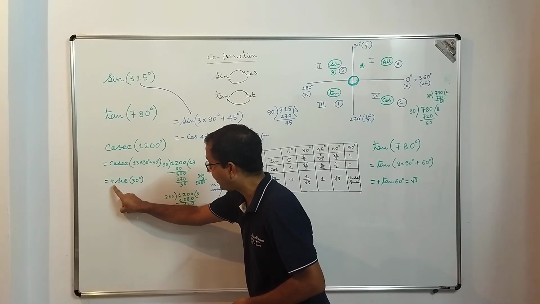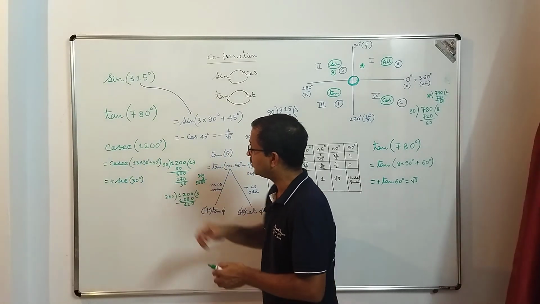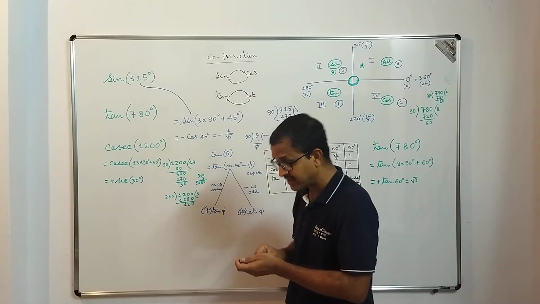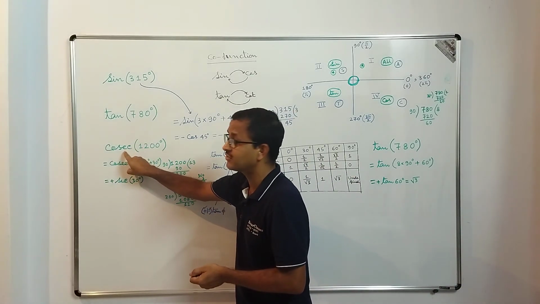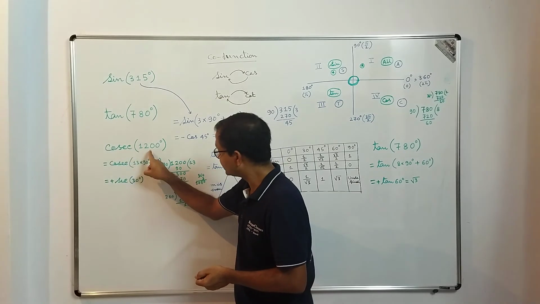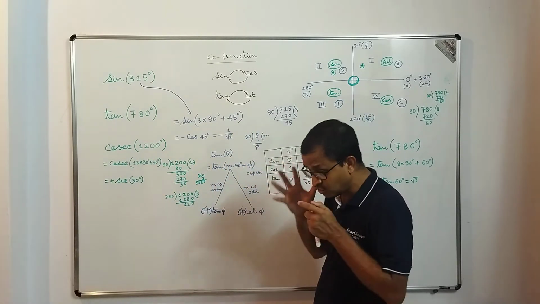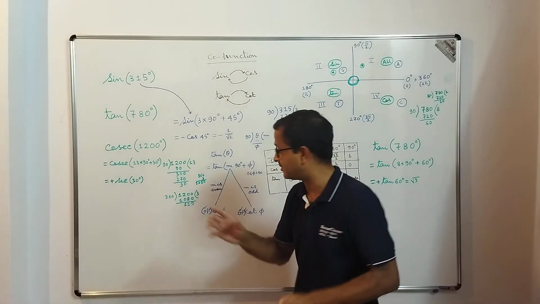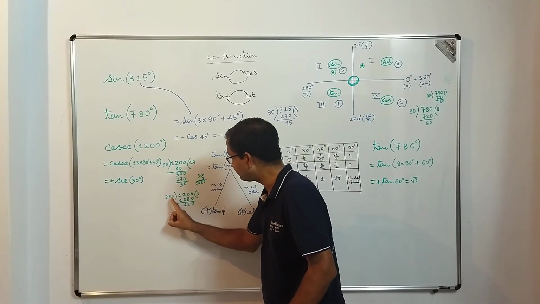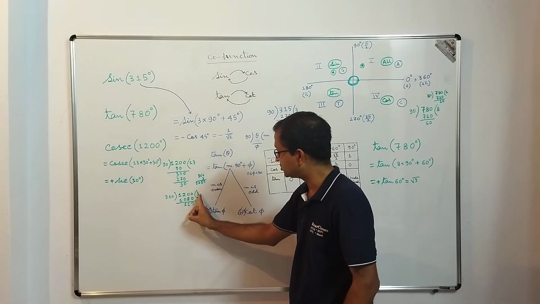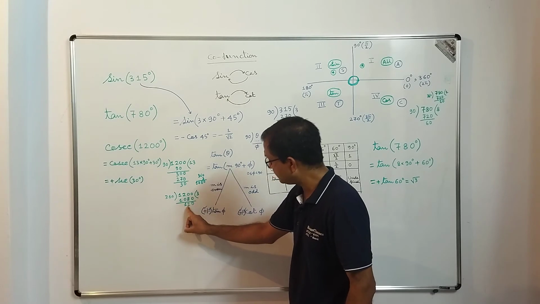Now whether it will be plus or minus depends on which quadrant 1200 degrees is in, and whether cosec is positive in that quadrant. Dividing 1200 by 360, we get quotient 3 and remainder 120.